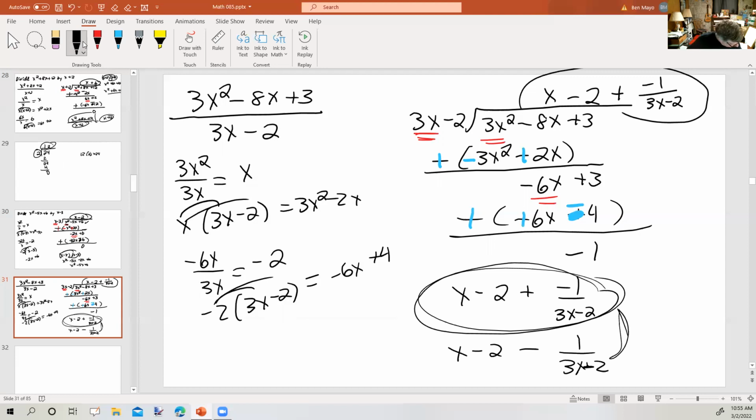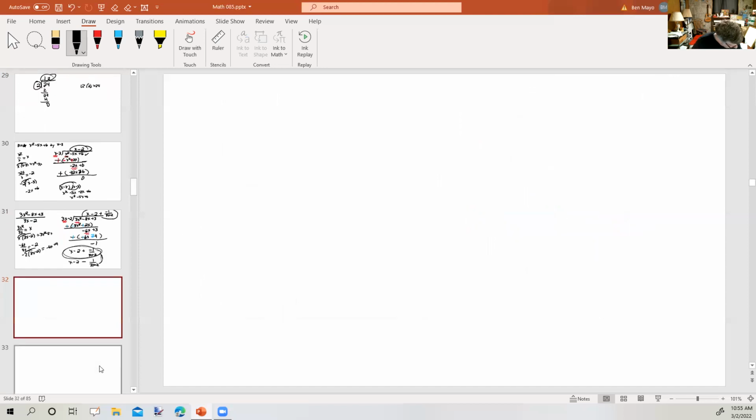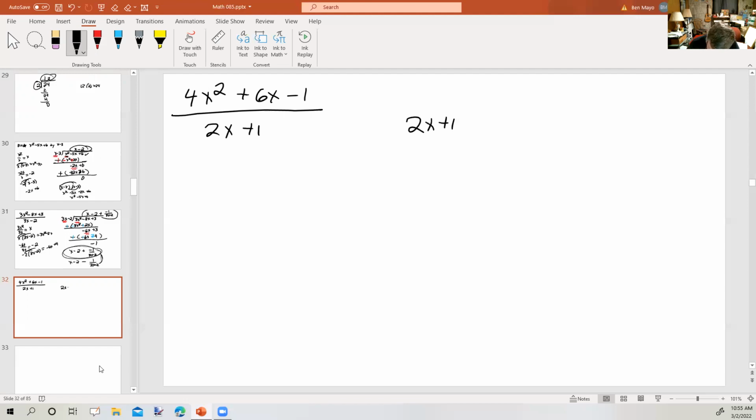All right. Let's take a look at this one. 4x squared plus 6x minus 1 divided by 2x plus 1. So we have 2x plus 1 on the outside, 4x squared plus 6x minus 1 on the inside. Again, both are in descending powers.